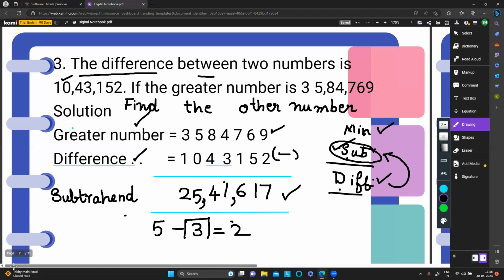So what you have to do is take the minuend, and from this minuend, you have to subtract 2. When you subtract 2 from this 5, you will end up with 3. In case they are giving 3 and 2, then you have to add 3 and 2 to get the larger number, which is also the minuend. Okay.